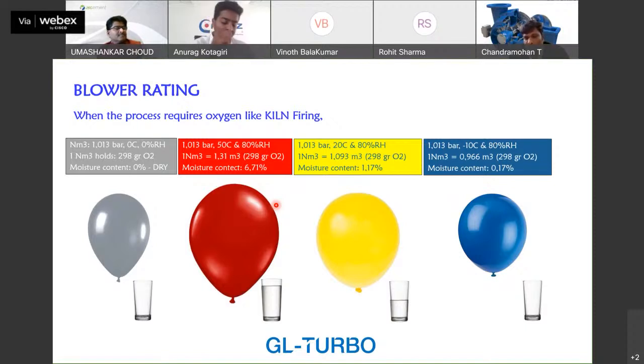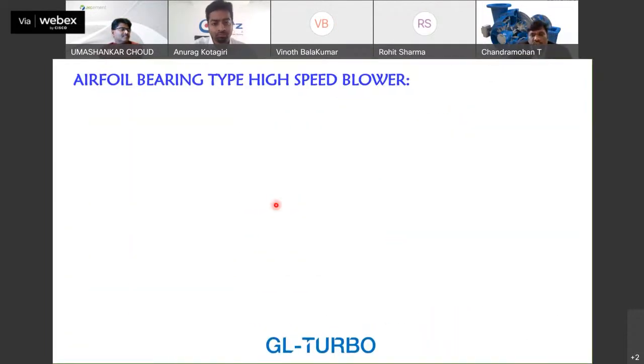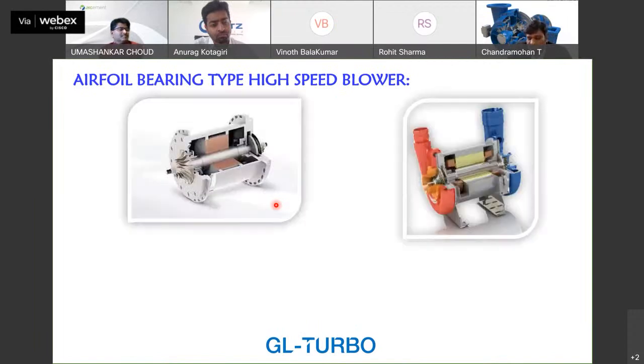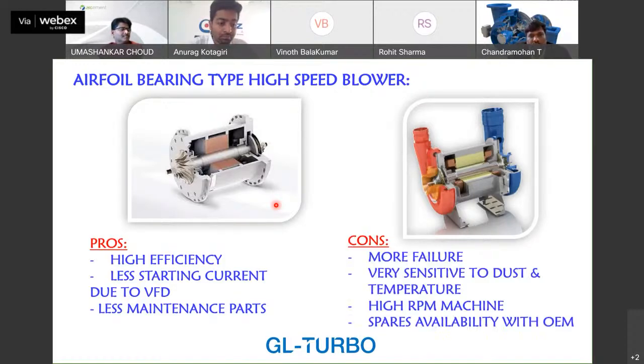So the geared machines are very comfortable in terms of running this particular technology in those conditions.